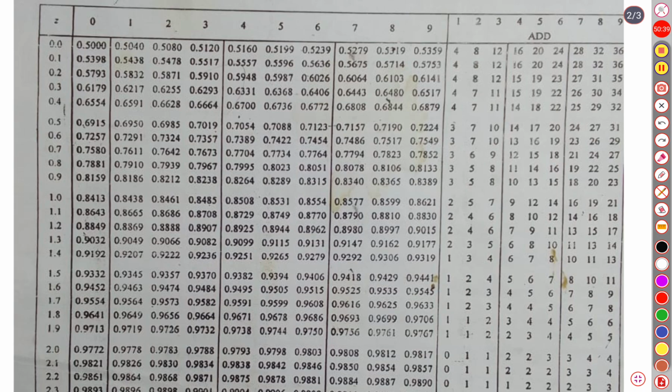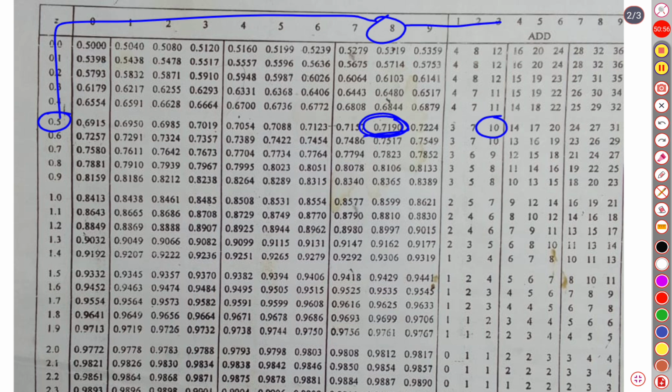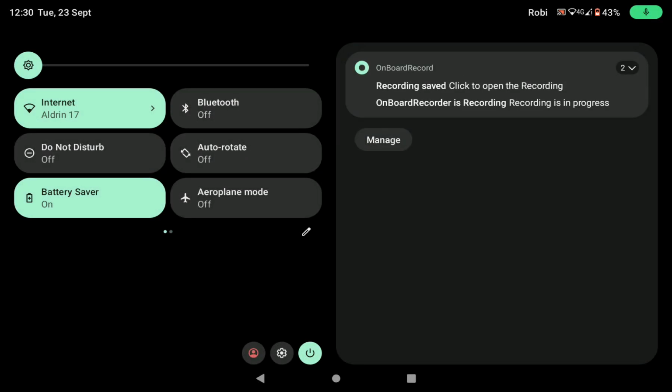For 0.72, look at this, 0.7190 is here, and our row is 5 and first column is 8. As this is 90, we require 10, so we can add this. So our corresponding z score is 0.583.